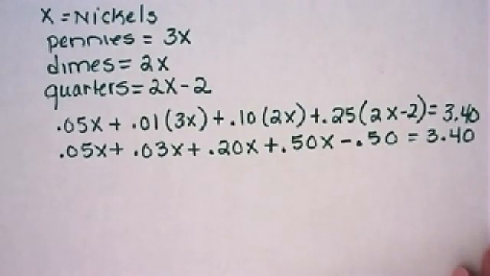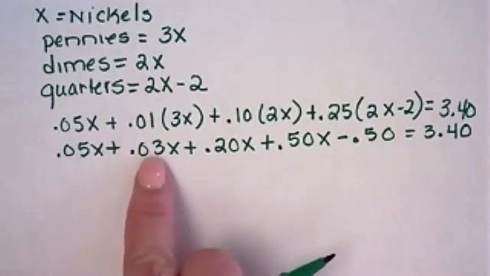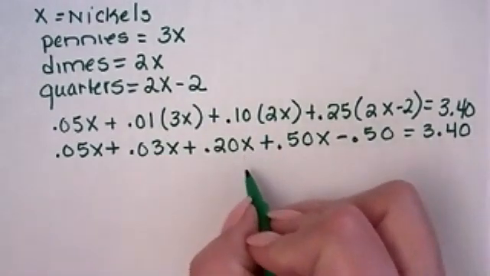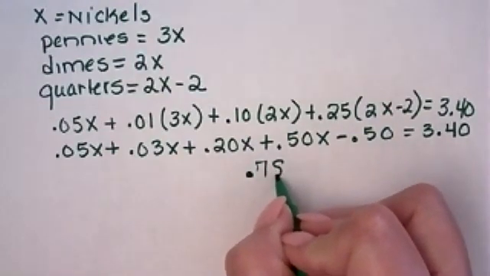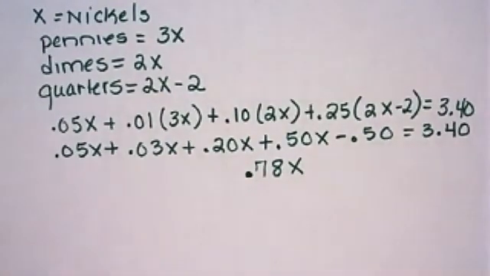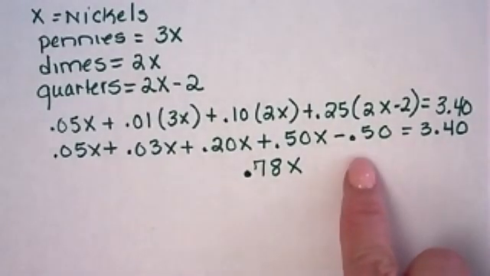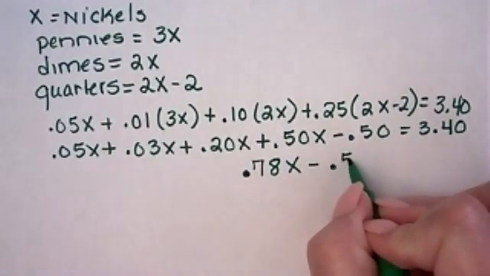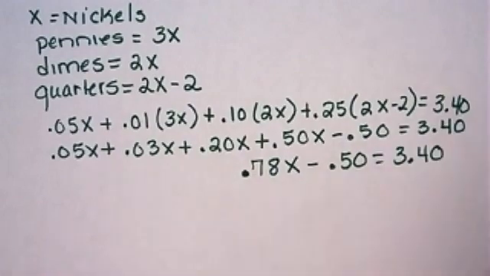Now, let's combine our like terms. So 0.05 plus 0.03 plus 0.50. When I add all that together, I get 0.78x. Now, my constants right here, I've only got 1, so I just bring down the minus 0.50 equal to $3.40.